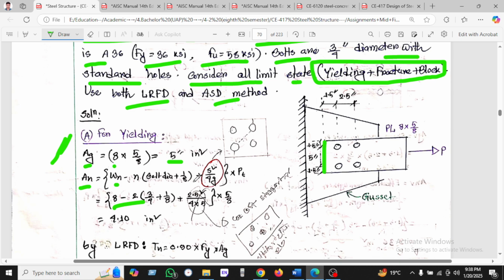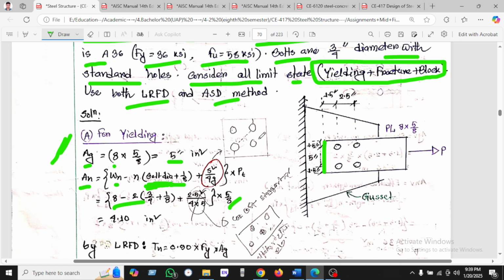We have already shown it here. And 1/8 is a constant with the bolt diameter, as we previously mentioned. If we consider the hole, then it will be hole plus 1/16. But if we consider the bolt diameter, then we consider bolt diameter plus 1/8. Now s squared over 4g, which is the stagger, and the plate thickness 5/8 is given.